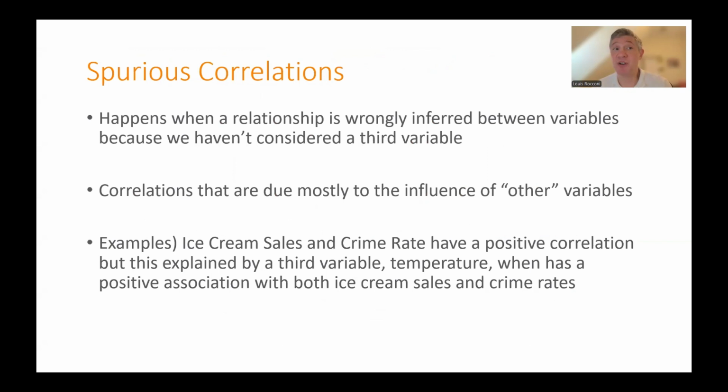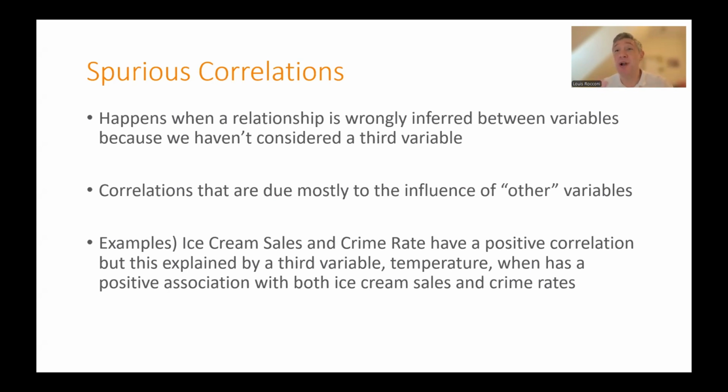There's also something called a spurious correlation. This is what happens when a relationship is wrongly inferred between variables because we haven't considered a third variable. Sometimes the relationship between two variables is spurious because there's some other variable there. A classic example you'll always hear is that ice cream sales and crime rates are positively correlated: as ice cream sales increase, crime rates tend to increase.